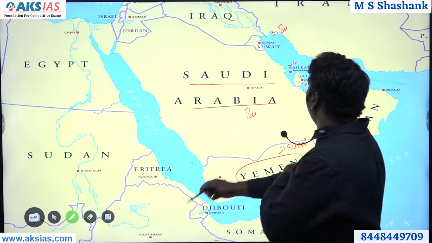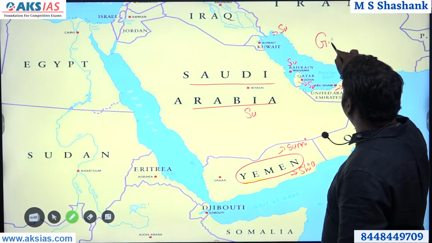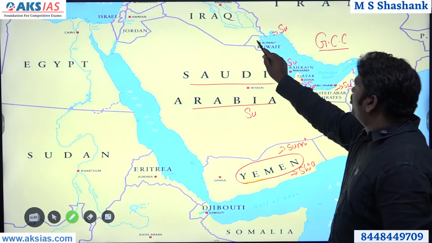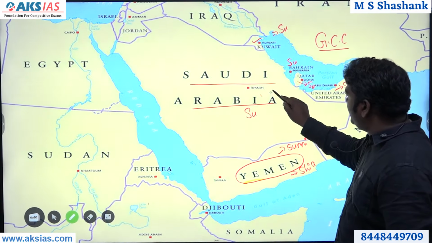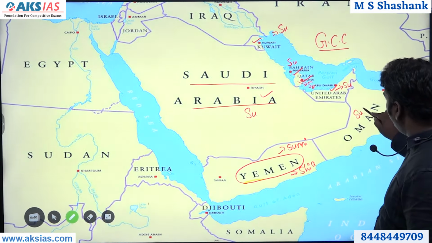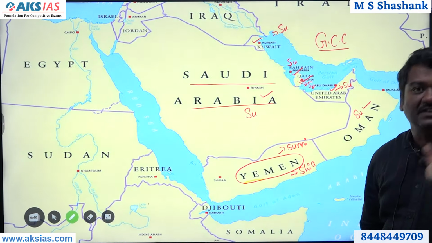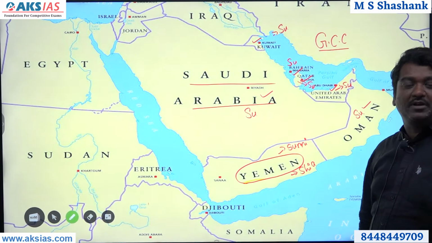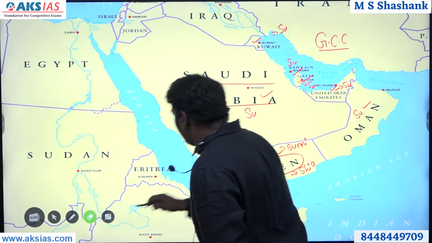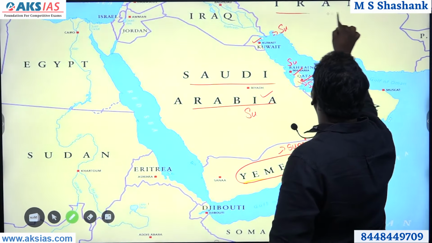Now this Sunni group, they have established what we call the Gulf Cooperation Council. Kuwait, Saudi Arabia, Qatar, Bahrain, UAE, Oman. These 6 countries are part of GCC. So there can be a question on this particular aspect as well. Now comes another interesting country, that is your Iran.